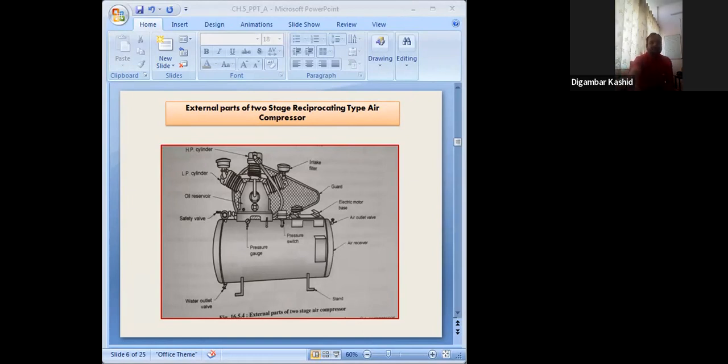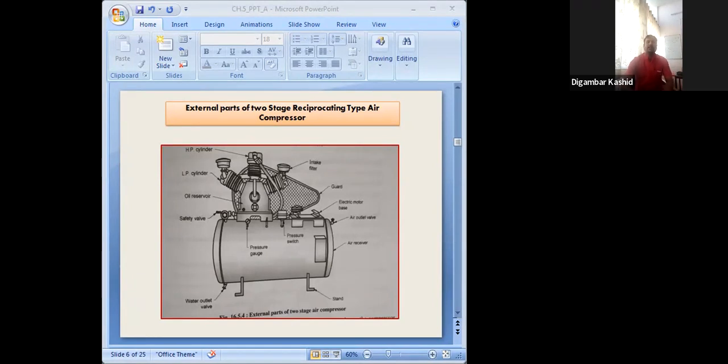Okay, understood. Actually, the advantage of this piston type cylinder is that these are available in a wide range of capacity as well as pressure. Due to that only, such a piston type reciprocating air compressor is widely used in industry.